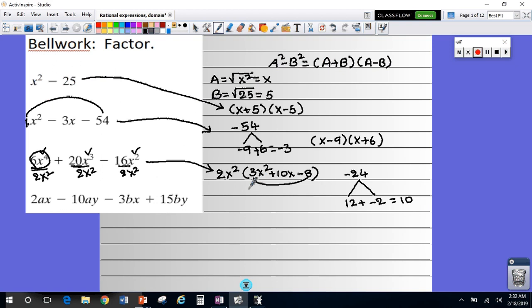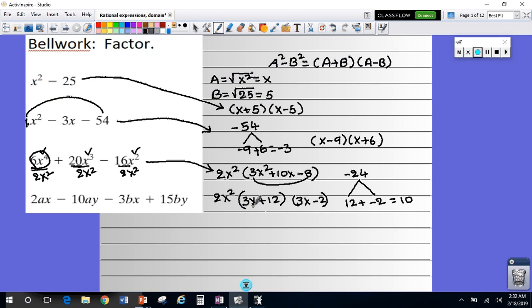As we discussed in the previous classes, we keep two parentheses here and bring down the variable and the number 3x, put 3x here also, and whatever factors you got you write down here. So 3x plus 12 and 3x minus 2.